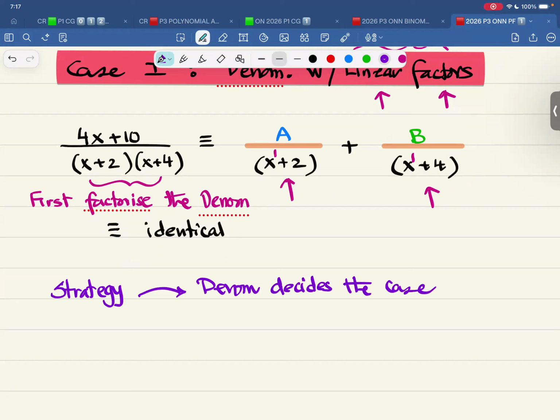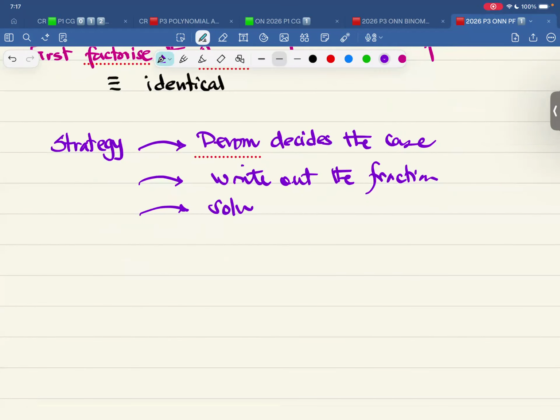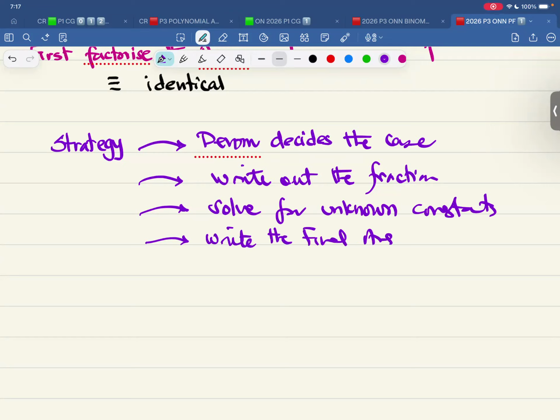And according to the case, write out the fractions. And then the next step is solve for unknown constants. And then the next step is write the final answer as PF, partial fractions. So that is the simple strategy for this.